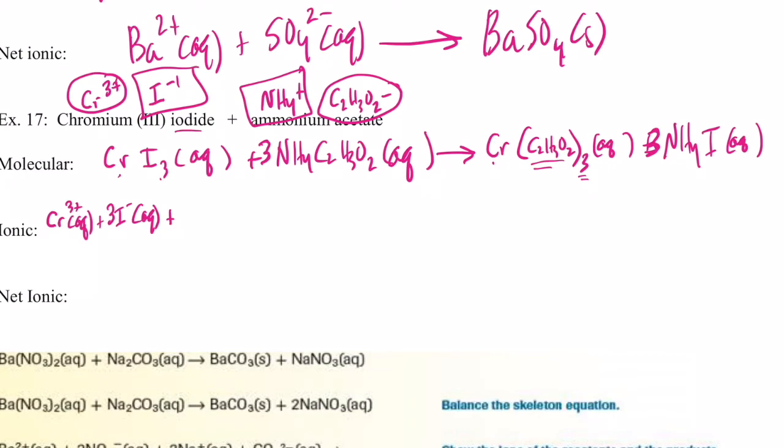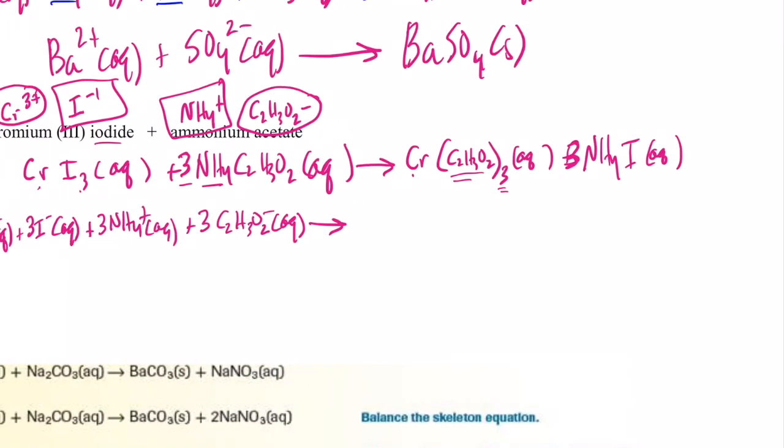We have 3 ammoniums, so 3 NH4+ (aq). We also have 3 acetates, so 3 C2H3O2- (aq). All right, they react to form chromium 3 acetate, which is (aq).